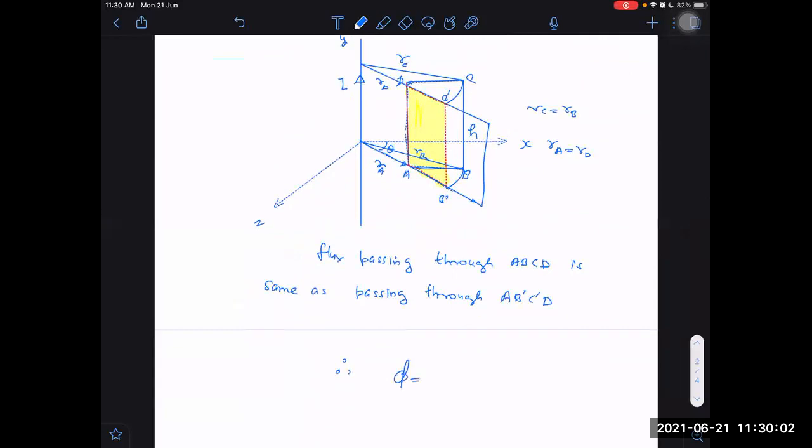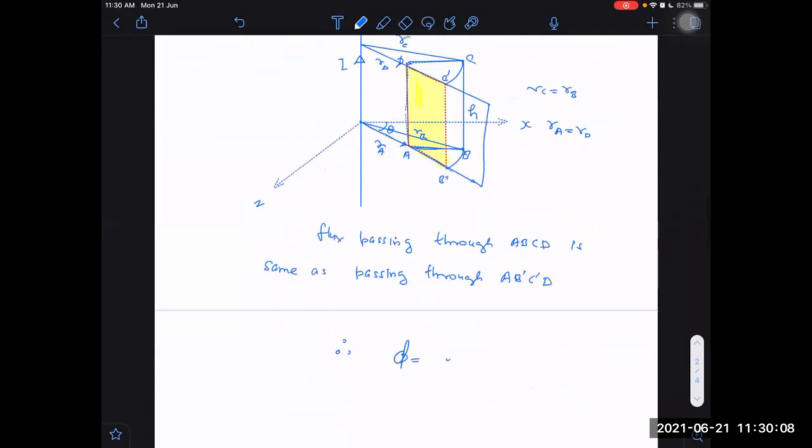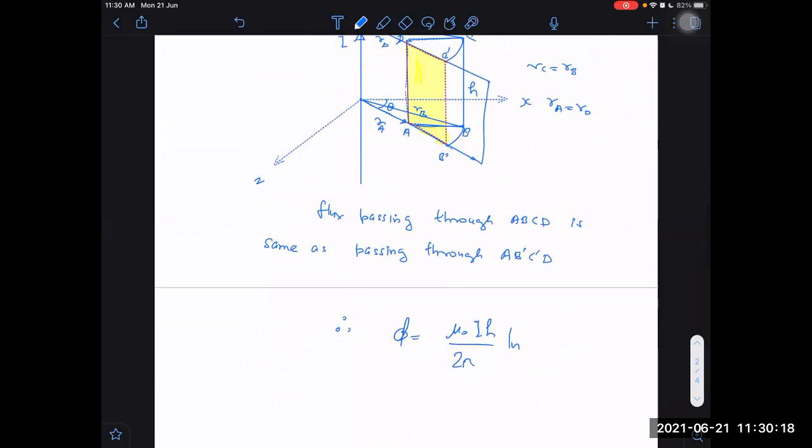Flux will be equal to the same formula as we derived last time: mu naught H by 2 pi into ln of RC by RD, or equivalently RB by RA, because RC and RB are equal. I'm not integrating again. I'm just using the last formula which we derived before.